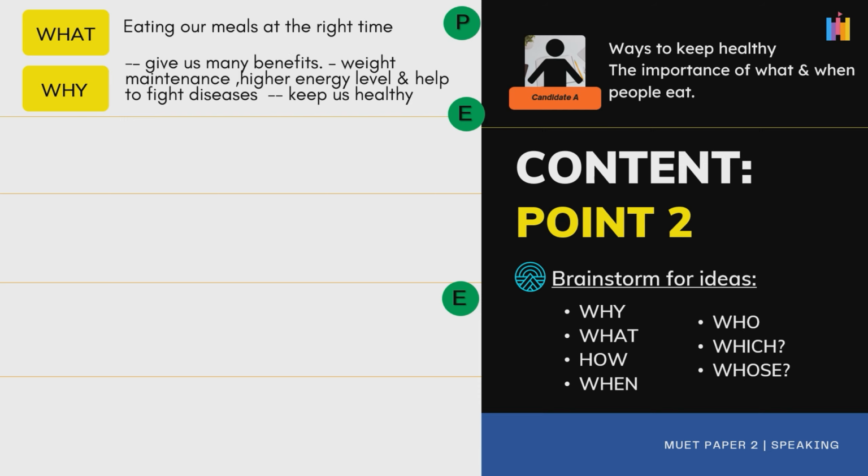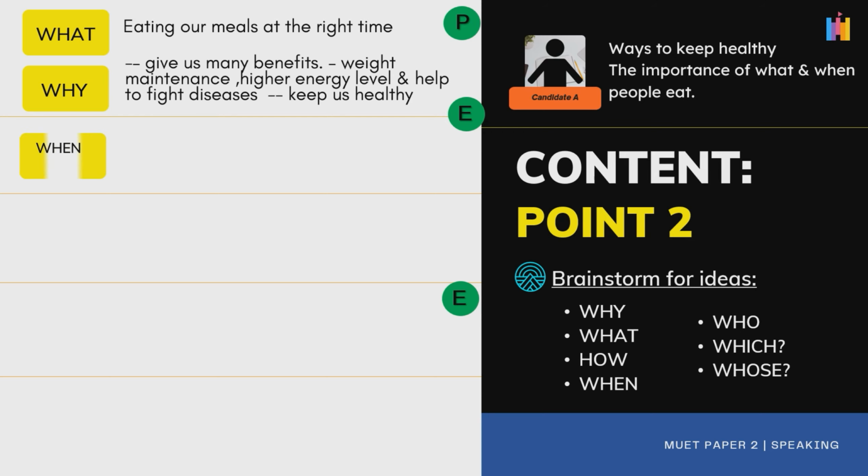This is because it gives us many benefits, such as weight maintenance, higher energy level, and help to fight diseases. And of course, the end result is it keeps us healthy.